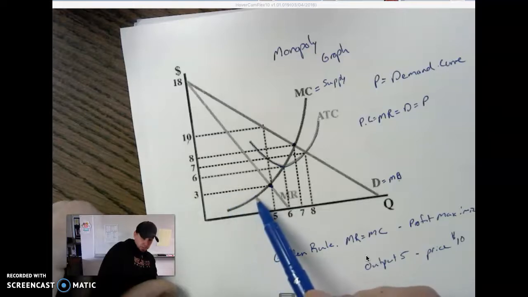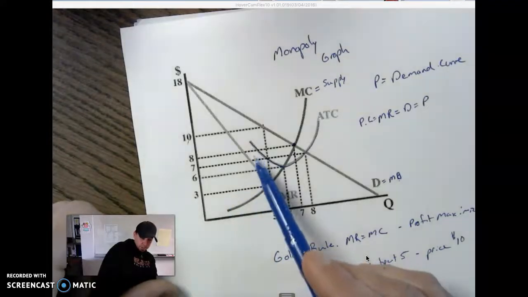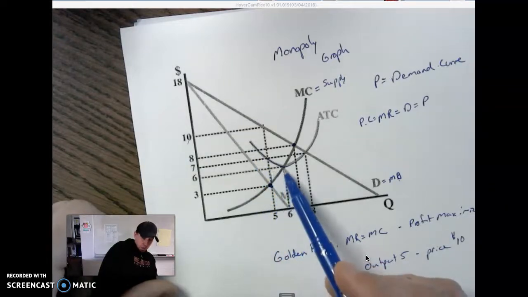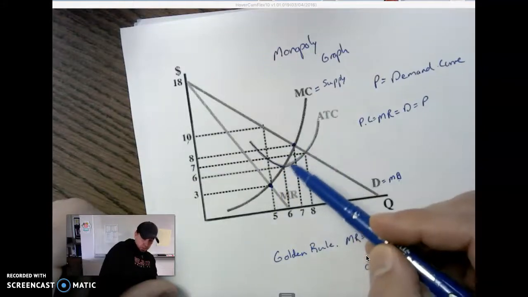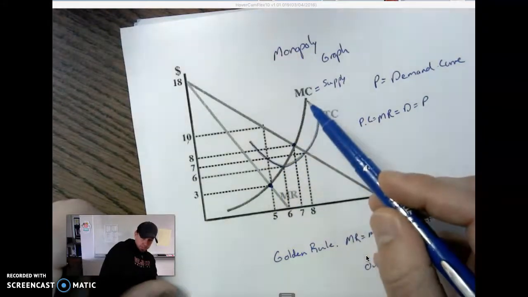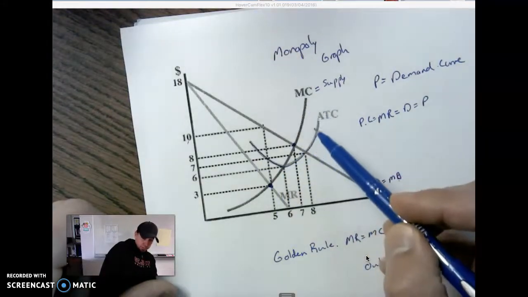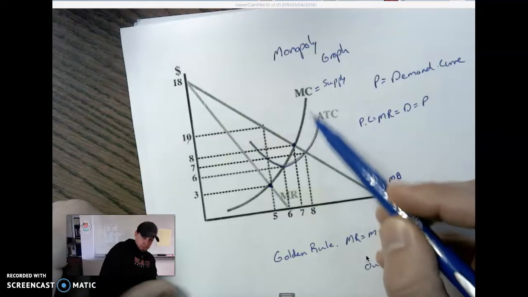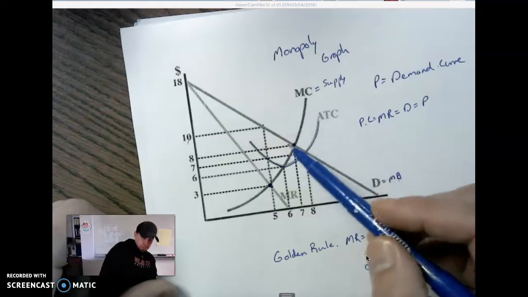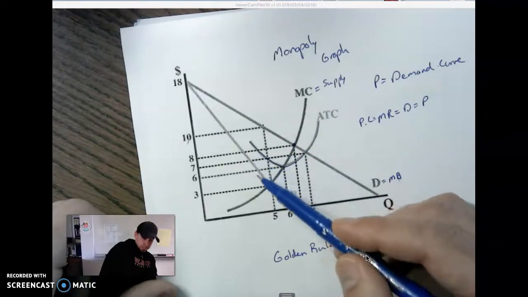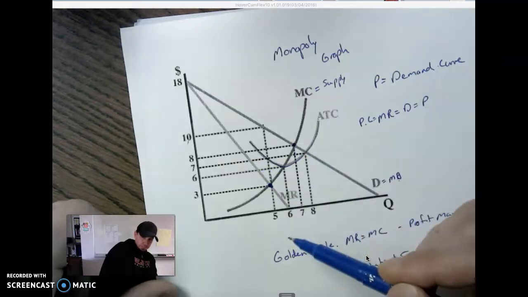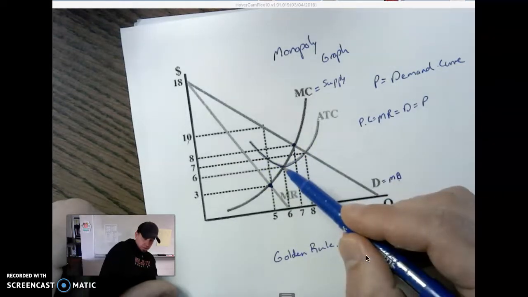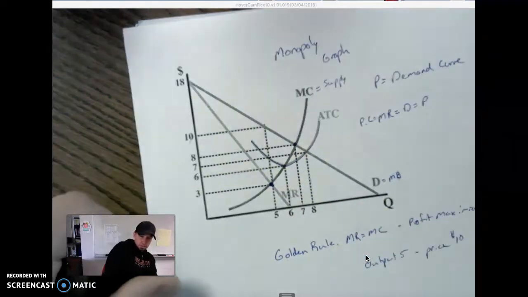When marginal cost is below your average cost, as you produce more and more units of a good, it's pulling your average down. Once they intersect, and the marginal costs continue to rise, it starts to pull your average cost back up. Below the average pulls your average down, above the average pulls your average up.